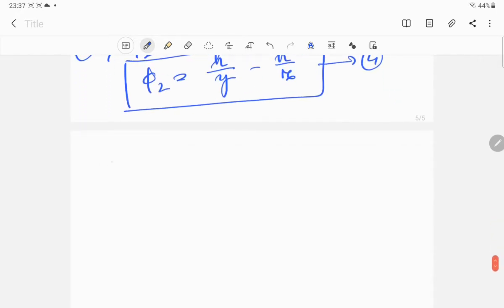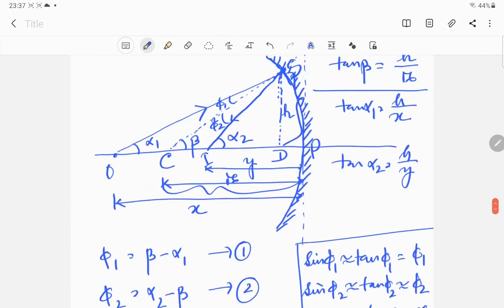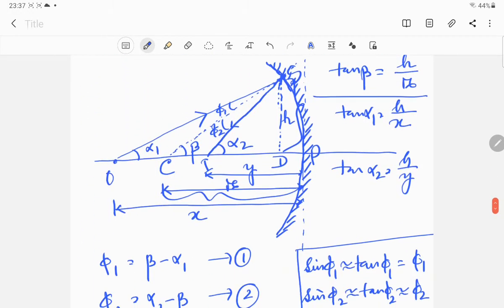But you know that as per the laws of reflection, angle of incidence is equal to angle of reflection. So if we go back to the diagram, what is the angle of incidence? Phi 1. What is the angle of reflection? Phi 2.